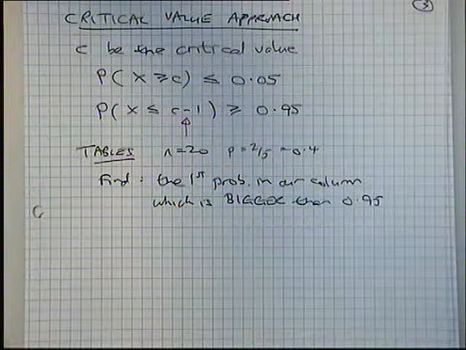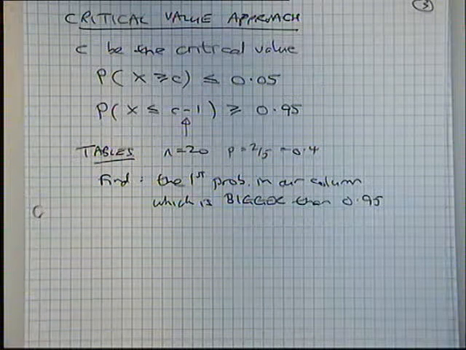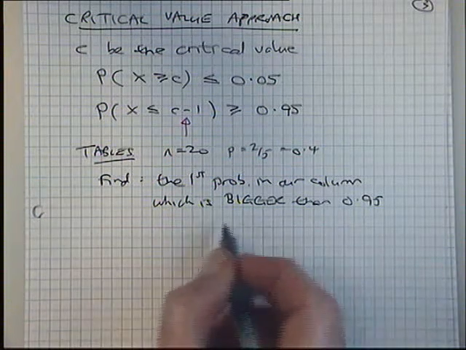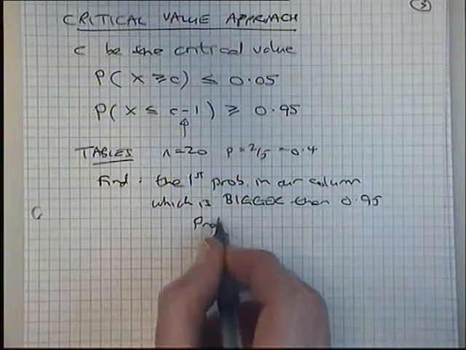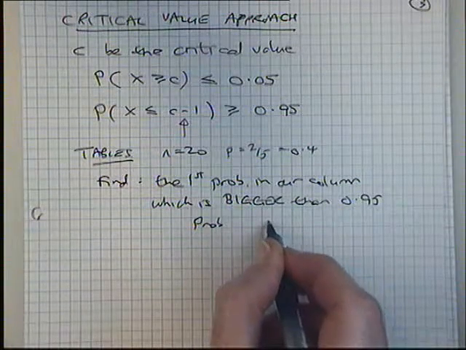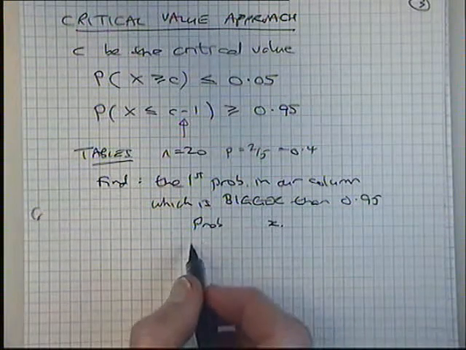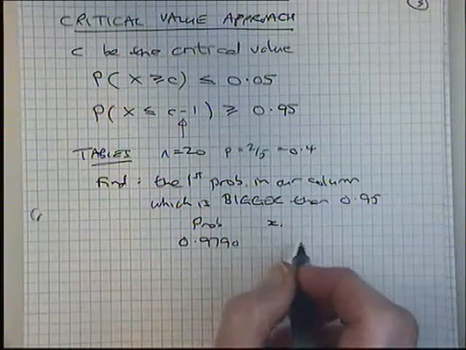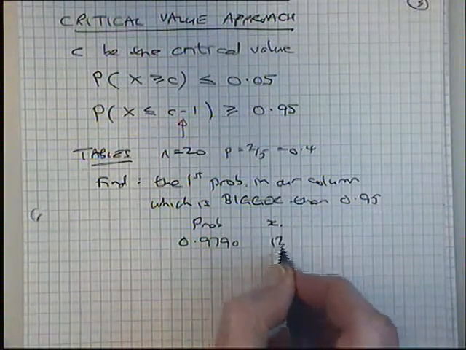So look at your n is 20, p is 0.4, go down that column, find the first number that is bigger than 0.95. What is that probability, and what is the x value that goes with it? 0.9790, yes, and the x value that went with it is 12.